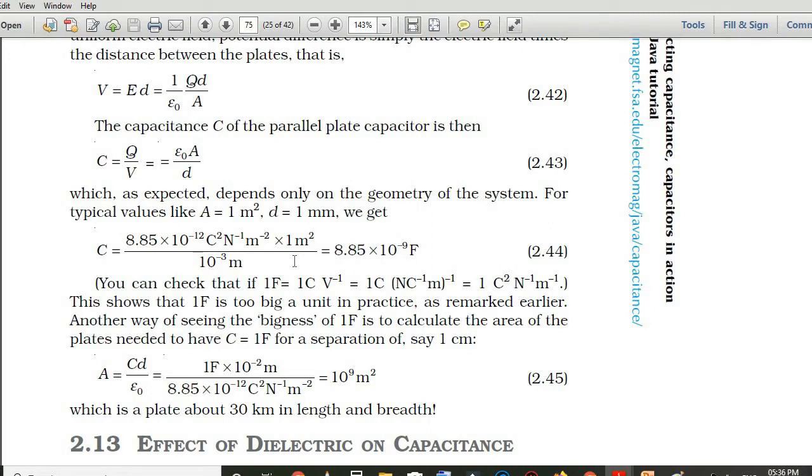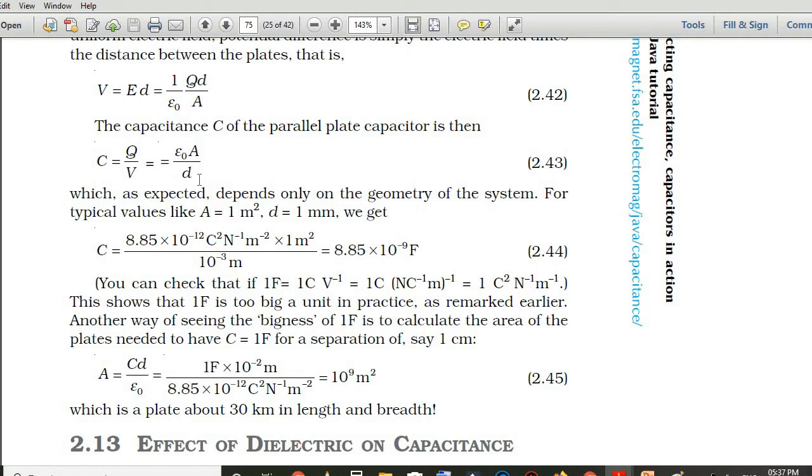Actually, the size of a capacitor is too small. Even with a capacitor of area 1 meter square, the capacitance is too small. As per this equation, the capacitance increases when the area of the plate increases and the separation between them decreases.